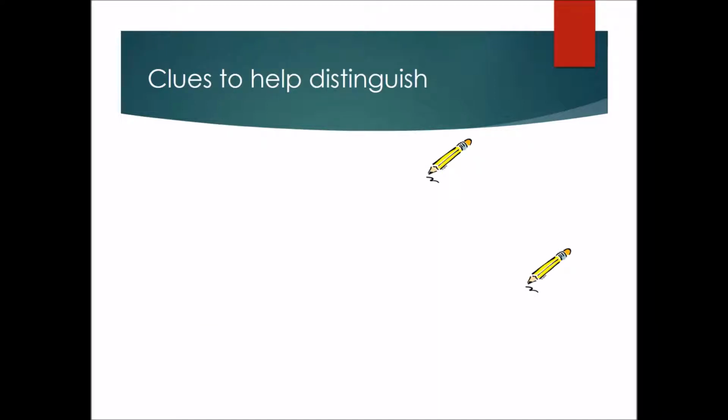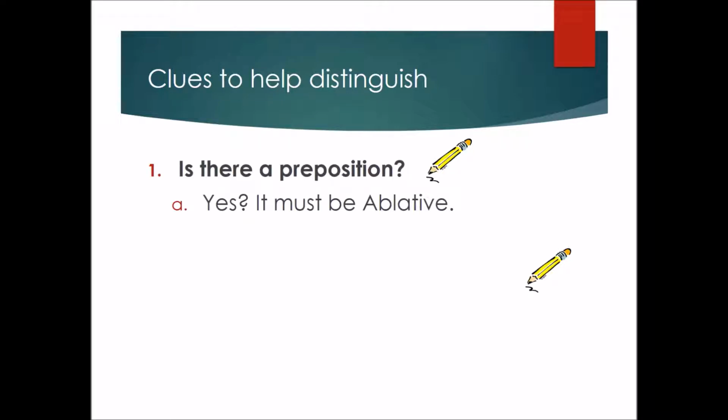So discipuli, anytime you see a word that could be dative or could be ablative, that has one of those shared endings, here's a 4-step process to really help guide you in figuring out which case it is so that you can translate it correctly. The first thing you want to ask yourself is: is there a preposition? If there is a preposition, that is one of those SID space preposition uses, and it absolutely has to be ablative because the dative case will never use a preposition.